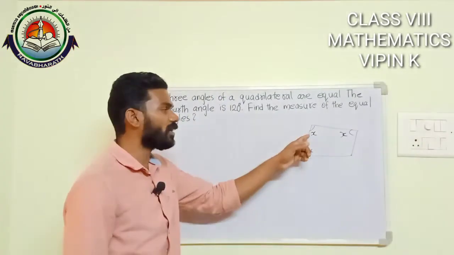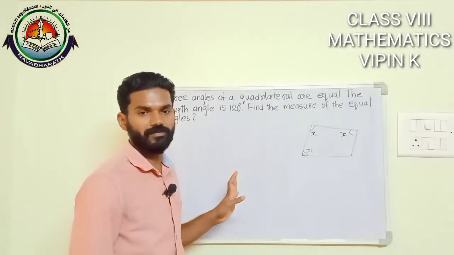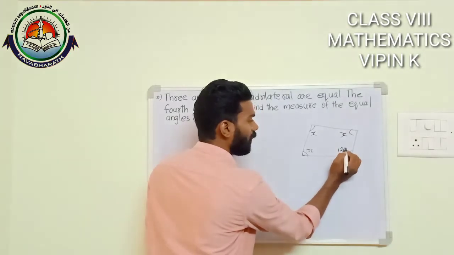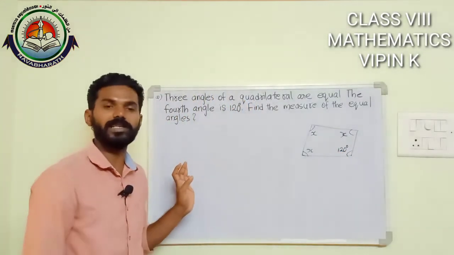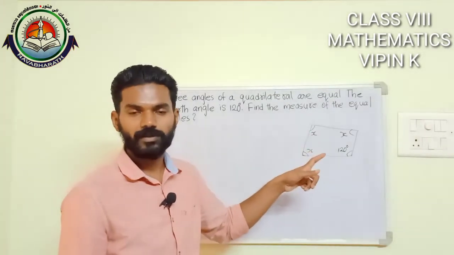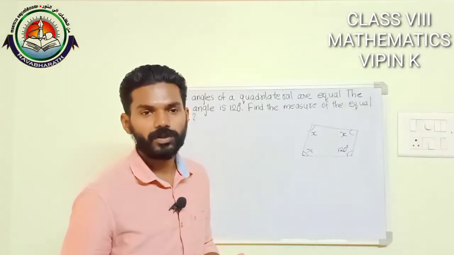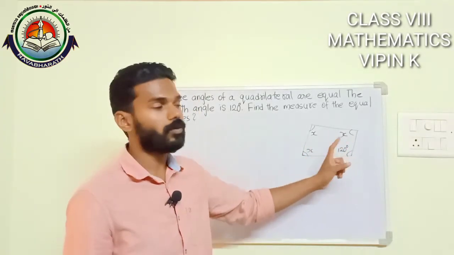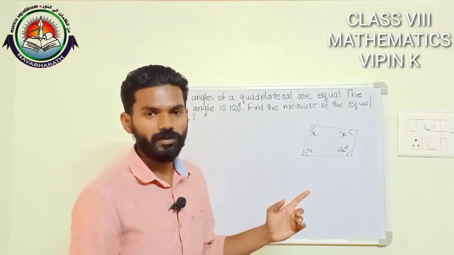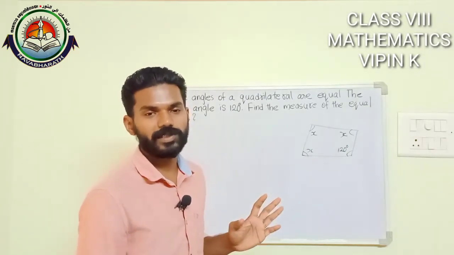And what about the fourth angle? Its value is given and it is 120 degree. And now to find x, what do you want to do? You want to develop an equation connecting x. So how can you develop the equation?